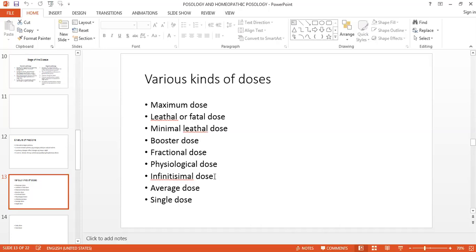The vital force will overpower the remaining symptoms, and the patient will recover, and after the selection of the proper medicine, because of the infinitesimal dose, the patient will be cured.